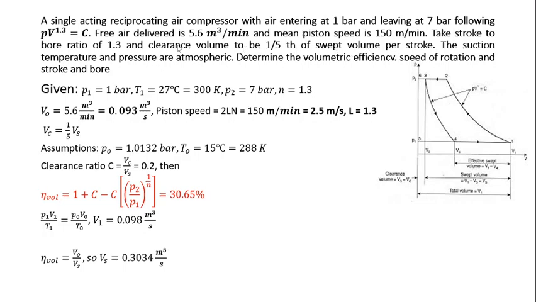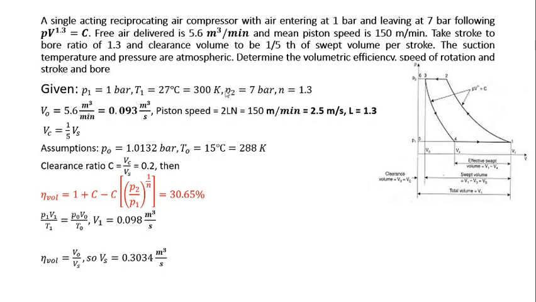Take stroke to bore ratio of 1.3 and clearance volume to be 1/5 of the swept volume per stroke. The suction temperature and pressure are atmospheric. Determine the volumetric efficiency, speed of rotation and stroke and bore.